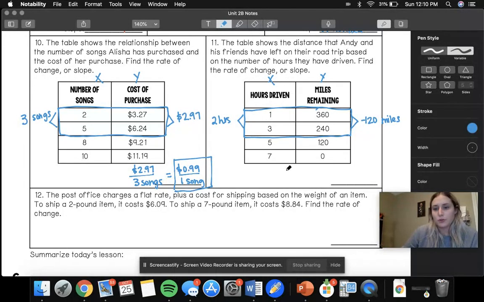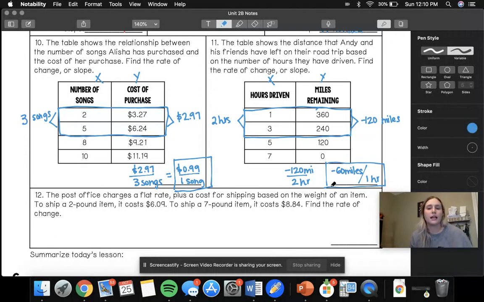So the rate of change would be negative 120 miles for every 2 hours. Usually, again, with word problems, we like unit rates. So we are going to take negative 120 and divide by 2. So the rate of change would be negative 60 miles per 1 hour. So they're getting closer to their destination by 60 miles every hour.